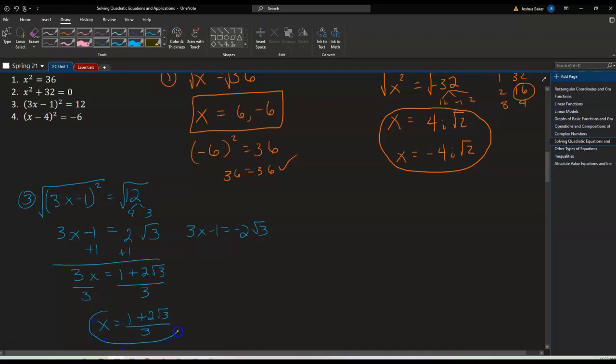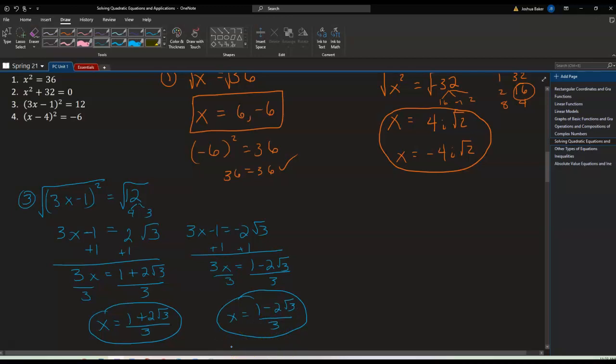So here's my first answer. Notice how similar the work is going to be over here. I'm going to add 1 across and divide by 3. I'm basically taking the exact same steps. Notice that my two solutions really only differ in the sign in the middle. One of them is a plus and one is a minus.